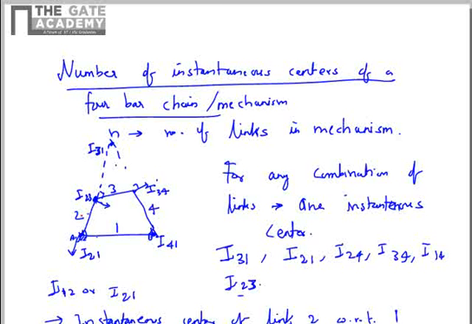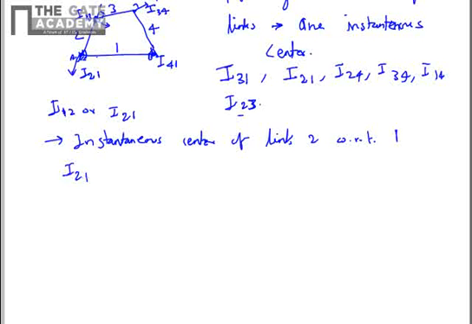Then we have the instantaneous center of 2 with respect to 4. For constructing that, I24 will mean that if link 4 is fixed, then how link 2 will rotate with respect to link 4.